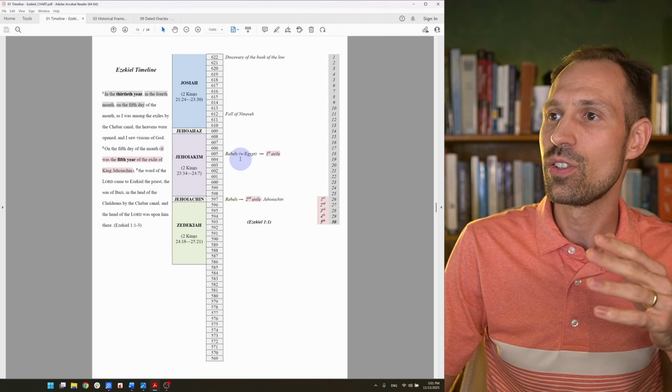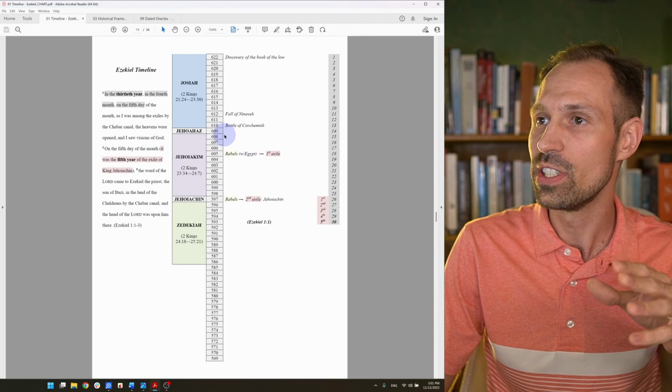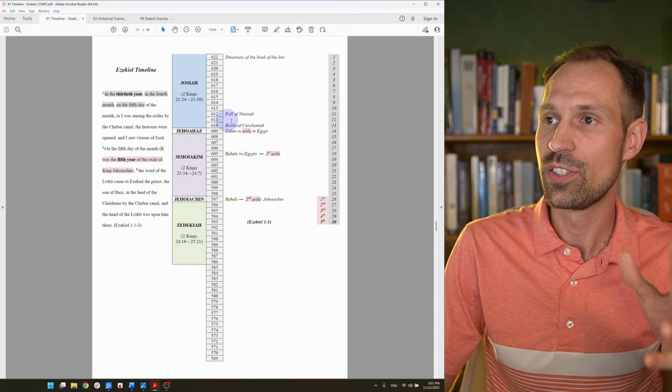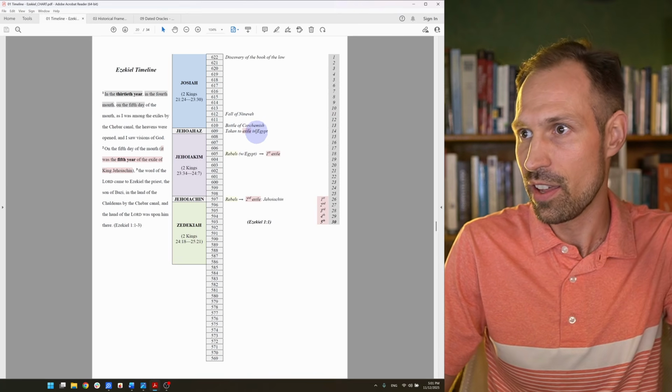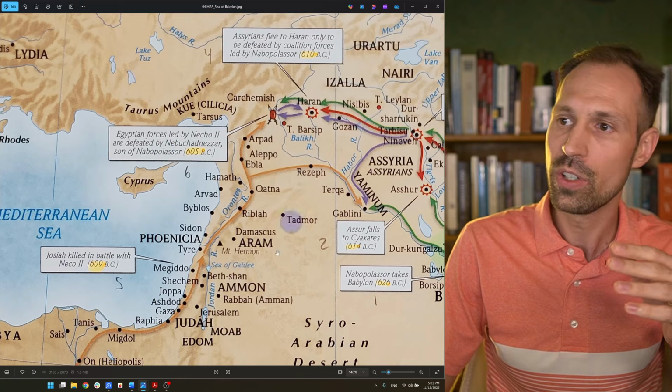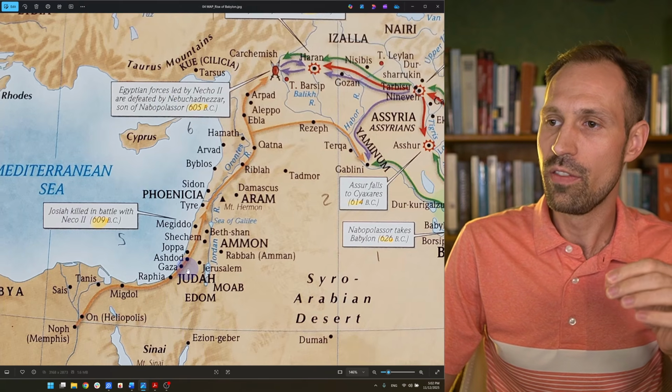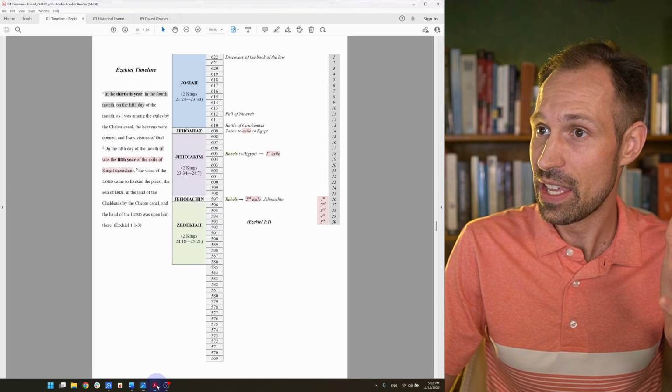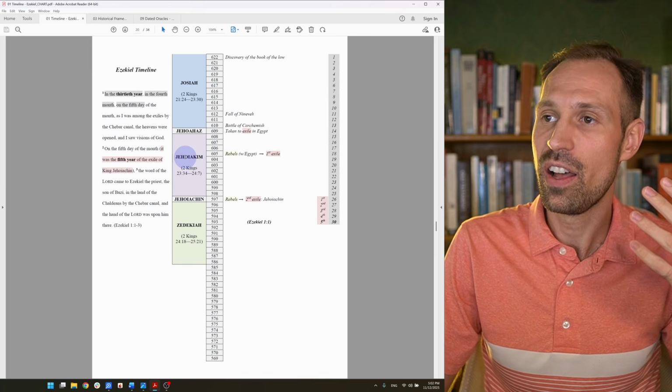Well, he is going to fail, and as a result, his son, Jehoahaz, is going to be taken into exile to Egypt. Now, at this point, Babylon is in full control of Judah, and Jehoiakim is made Babylon's vassal, and he doesn't like that very much.